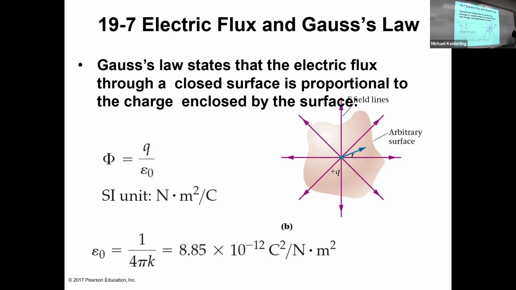And epsilon naught is called the permittivity of free space, something like that. It's a property of the universe.